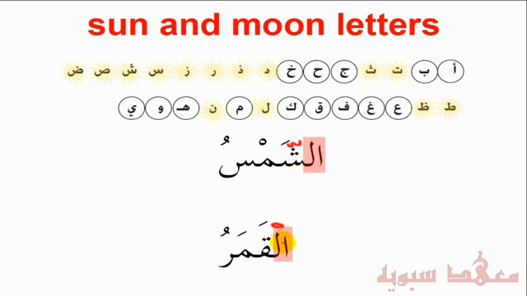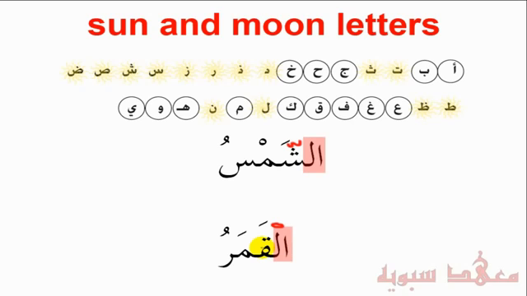However, with Al-Qamar, there's no issues with that. And that's because the articulation point of the lam and the qaf are far apart. So the al is where the teeth and the tongue come together, and the qaf, aq, comes from the throat, which is far from the articulation point of the lam.